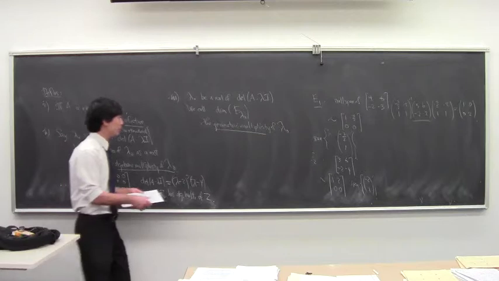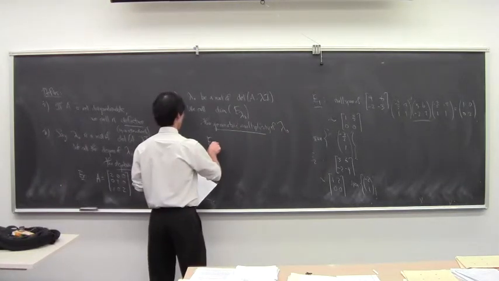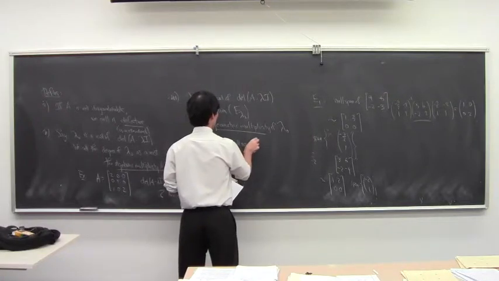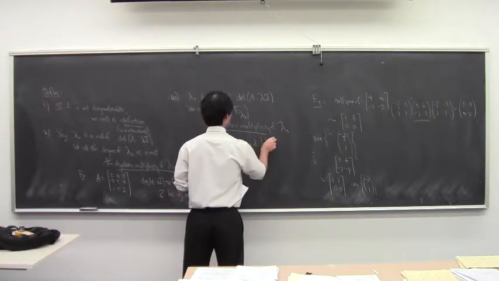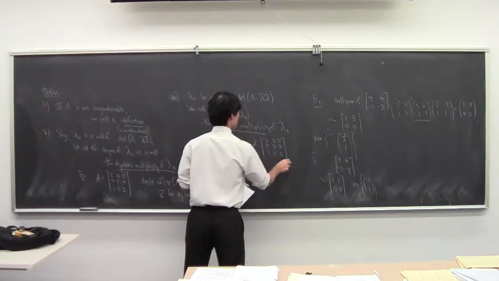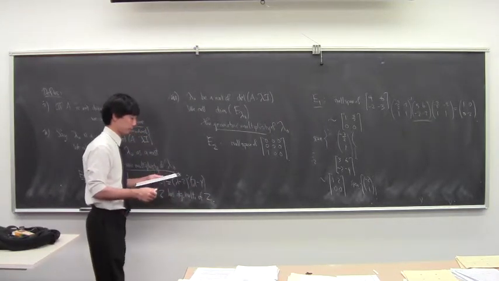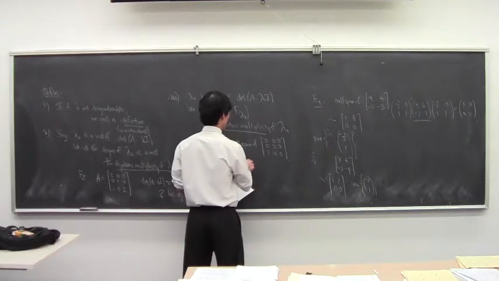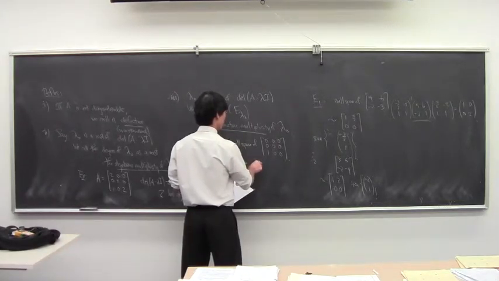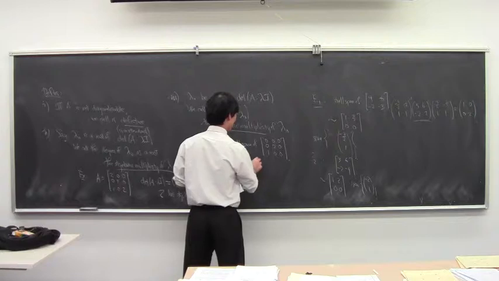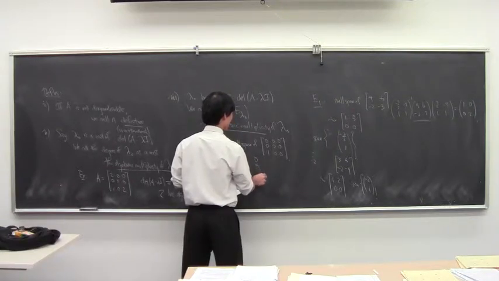Okay, going back to our example again, let's look at E sub 2. E sub 2 is the null space of the matrix with rows 0, 0, 0, 0, 2, 0, 1, 0, 0. Which says that x1 is 0, x2 is 0, and x3 can be anything.